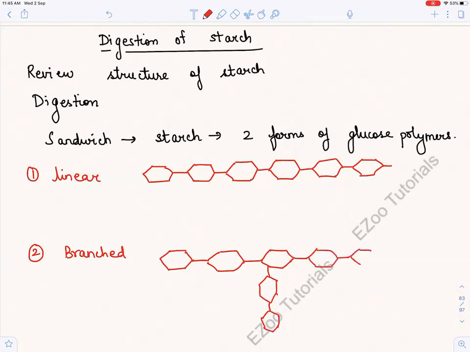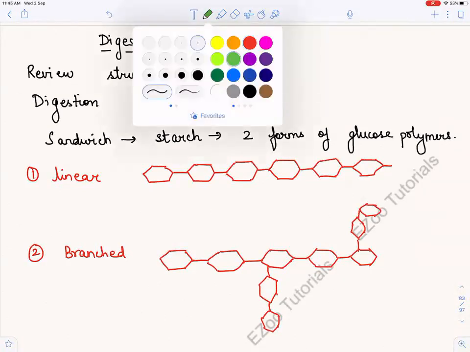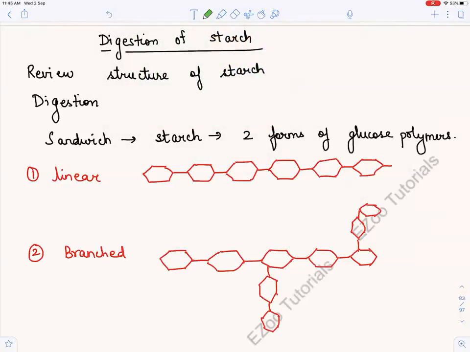These are the glucose molecules. So this linear one is known as amylose, and this branched polymer is amylopectin.